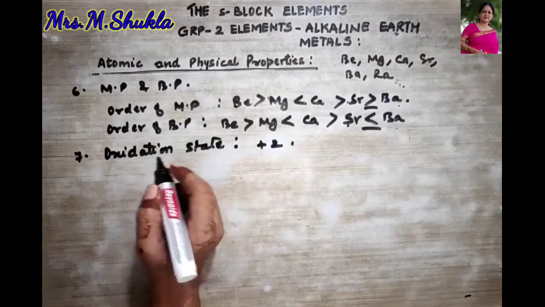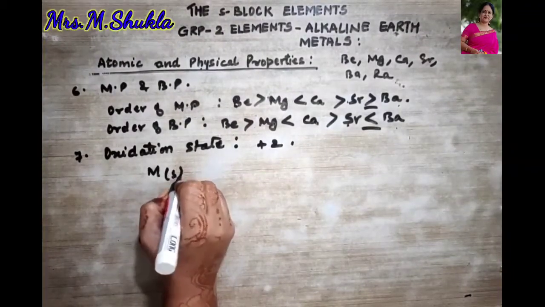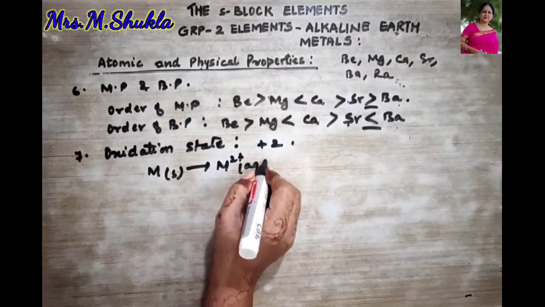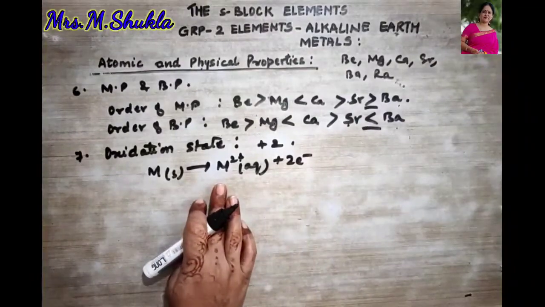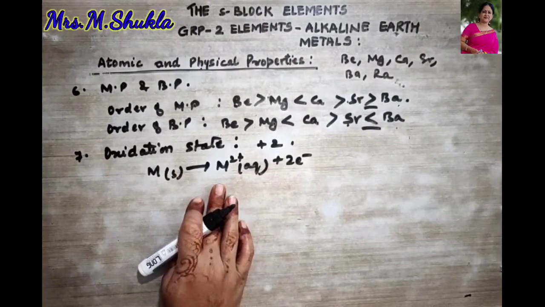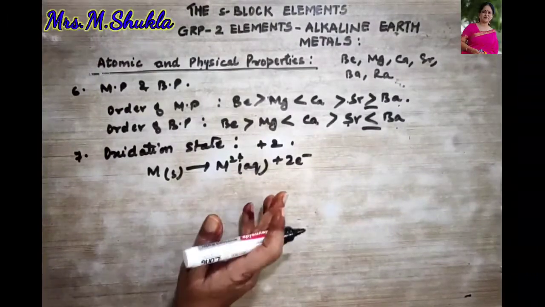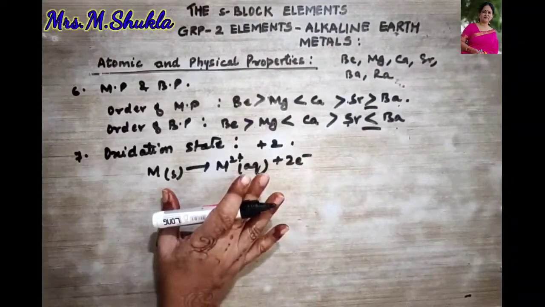The values could be like, M in the solid state gives an ion and loses 2 electrons to form the cation. Okay. Now since the oxidation potential is positive, therefore the process of oxidation is also quite spontaneous.